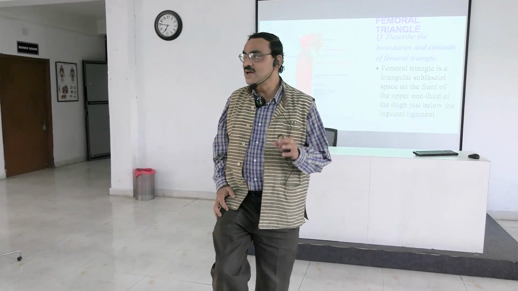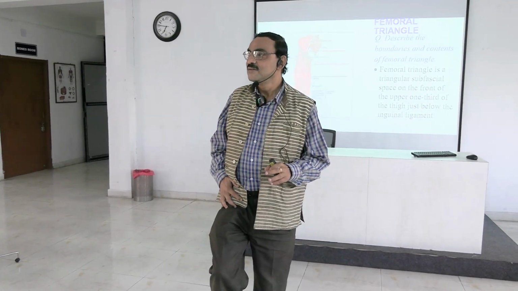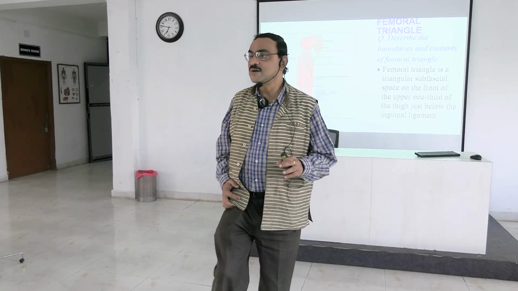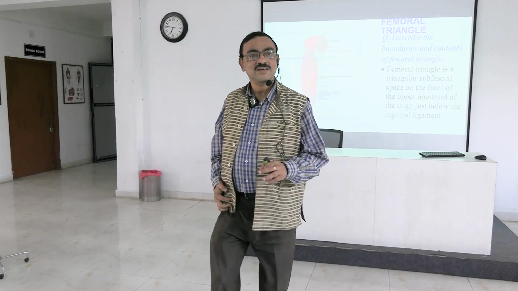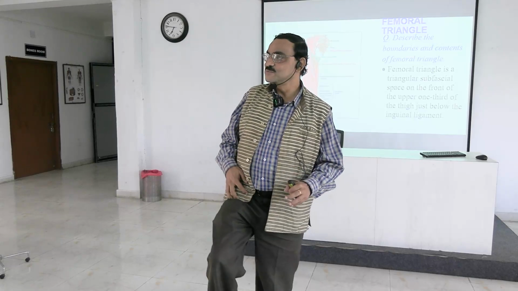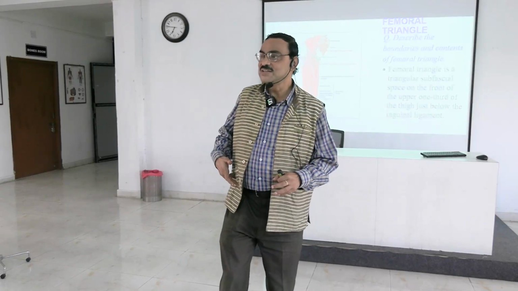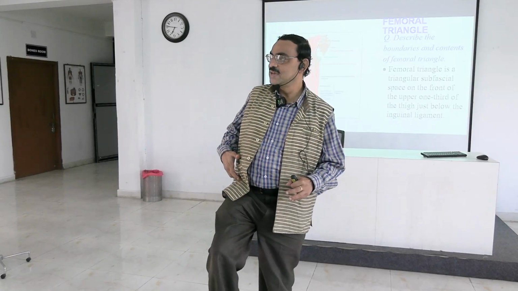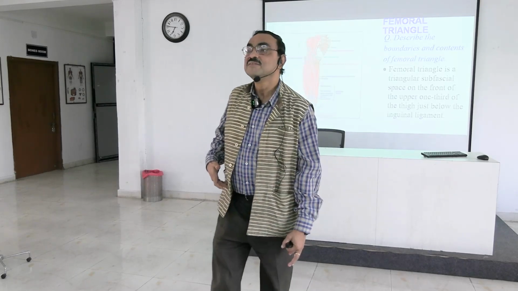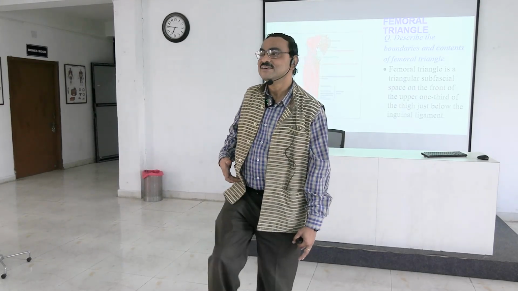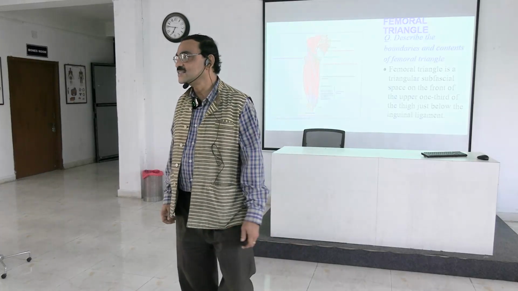There is flexion of the hip and flexion of the knee. This posture is maintained, and the sartorius muscle causes flexion of the hip and flexion of the knee. So it is called the tailor's muscle.